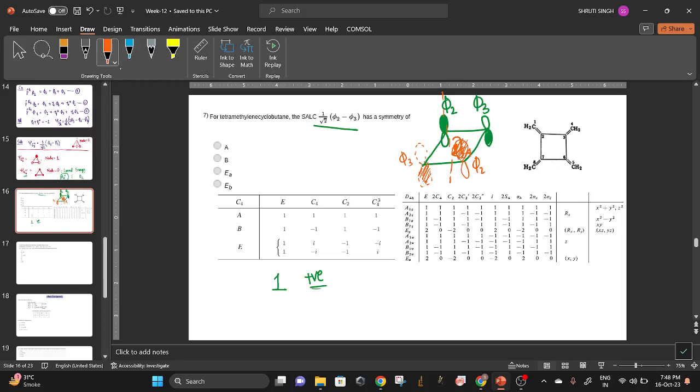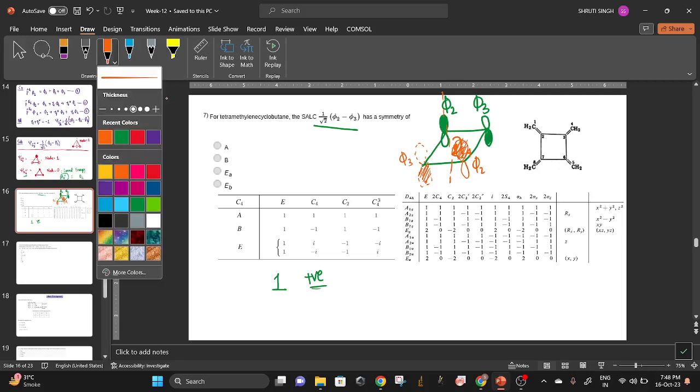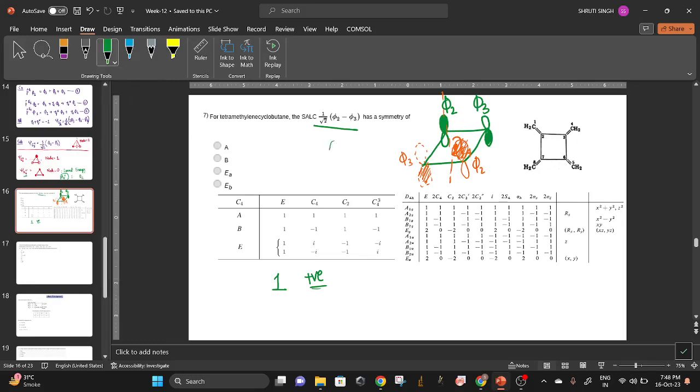So here what will happen? They have changed their places. So phi 2 have, so they have changed their places. So it is like now phi 3 minus phi 2. So the character should be -1 here.